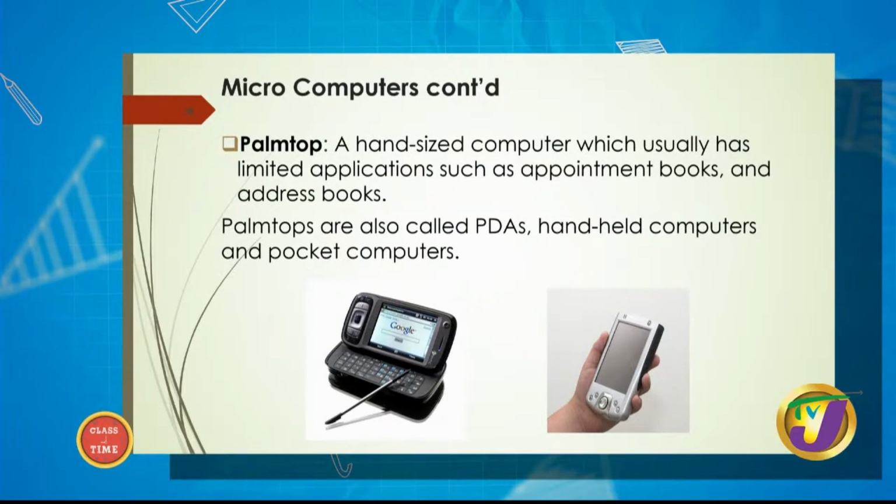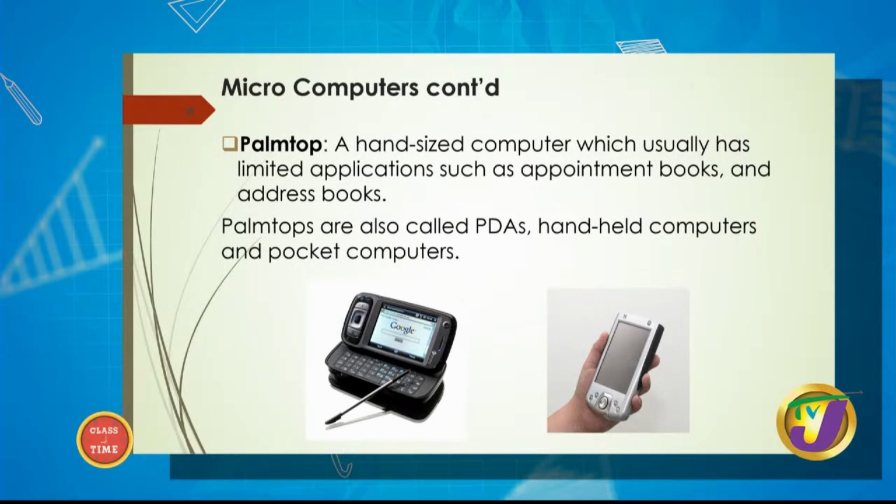Another type of microcomputer is the palm top. Some business organizers and even other persons will use their palm top to store information such as addresses and telephone numbers. So the palm top is even smaller than the tablet, very portable.